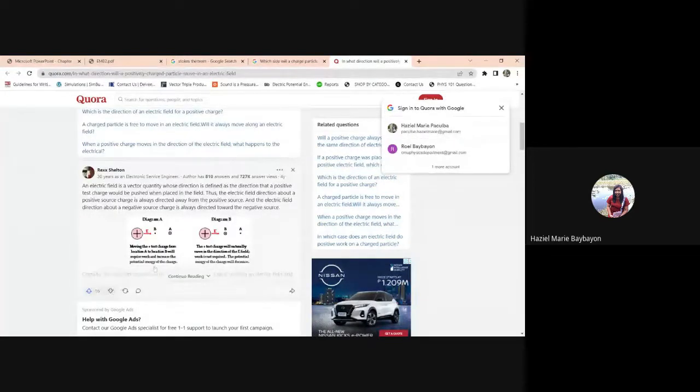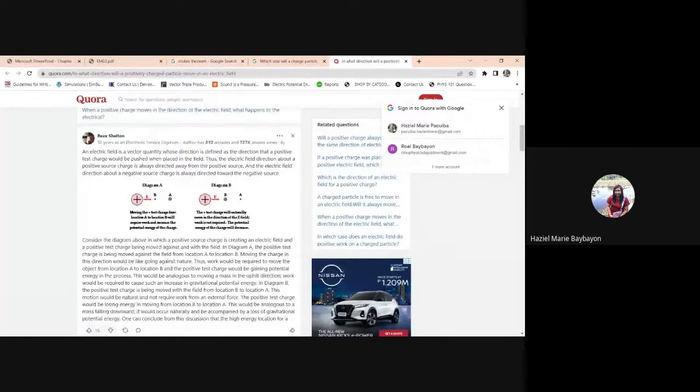let us take a look at this diagram. Moving the positive test charge from location A to location B will require work and increase the potential energy of the charge.